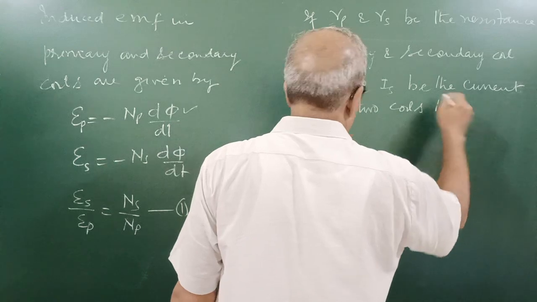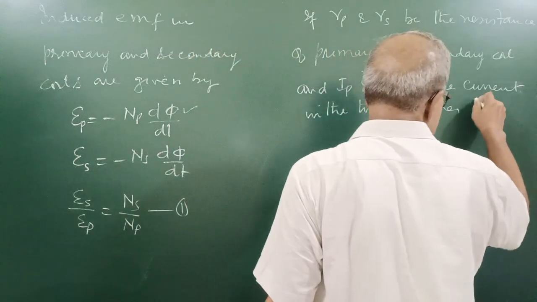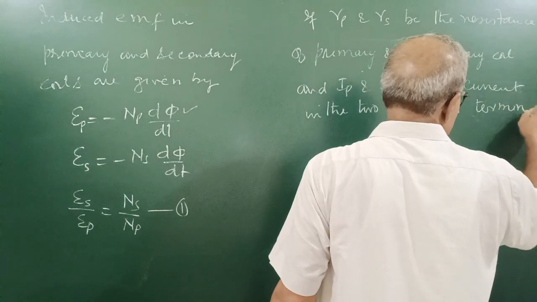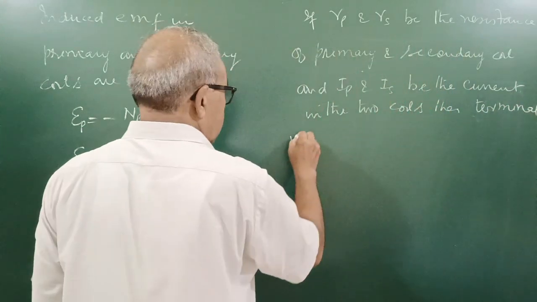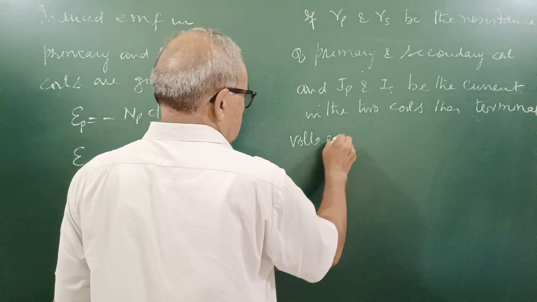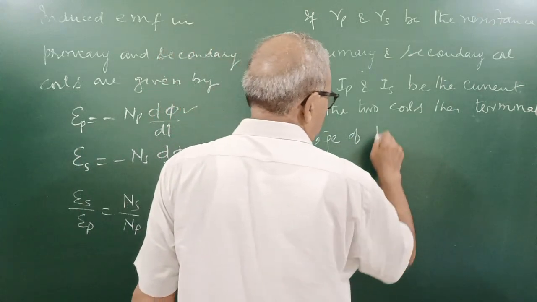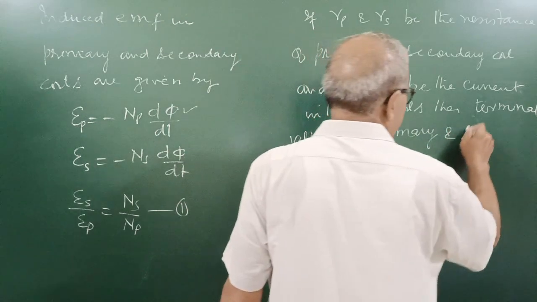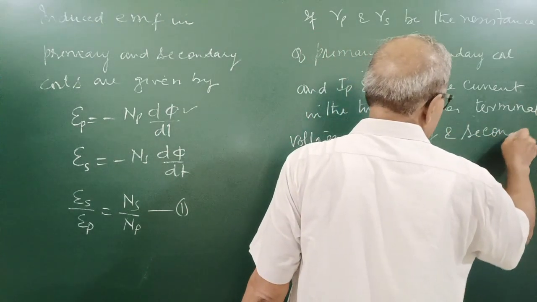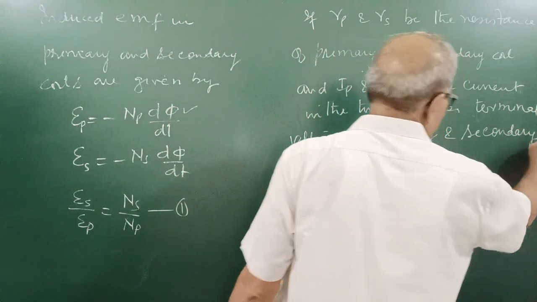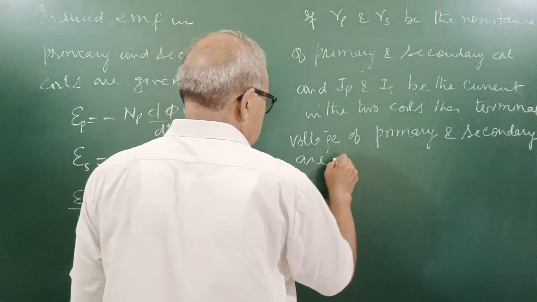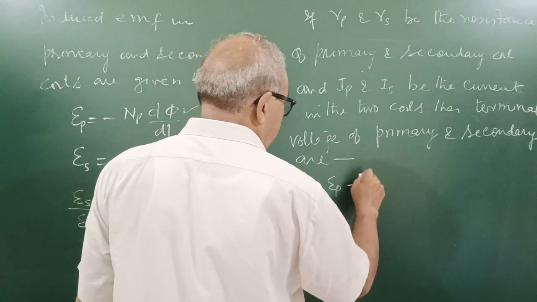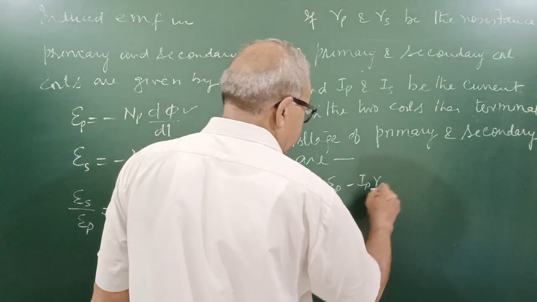Then the terminal voltages of the primary and secondary are VP equal to EP minus IP into RP.